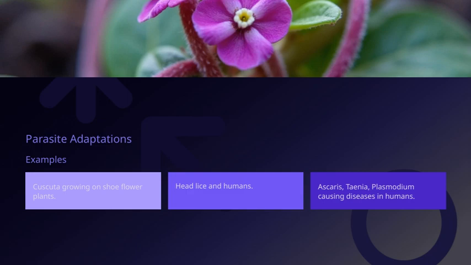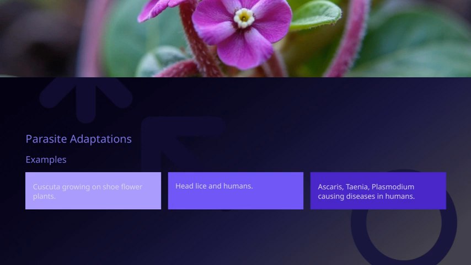Next, consider head lice, which are another example of parasites that live directly on humans, feeding on blood and causing itching and discomfort. Their ability to cling tightly to hair and resist some treatments highlights their specialized adaptations for survival on the human scalp. Finally, there's Cuscuta, commonly known as dodder or shoe flower plant, which is a parasitic plant that grows on other plants, like shoe flower.